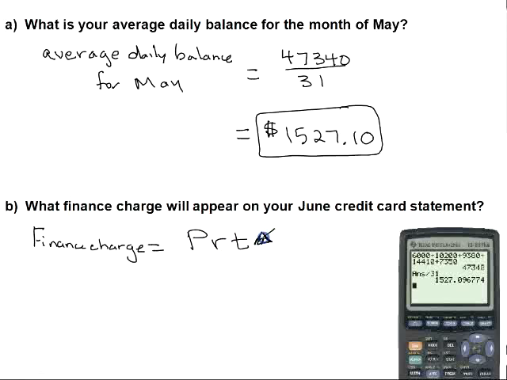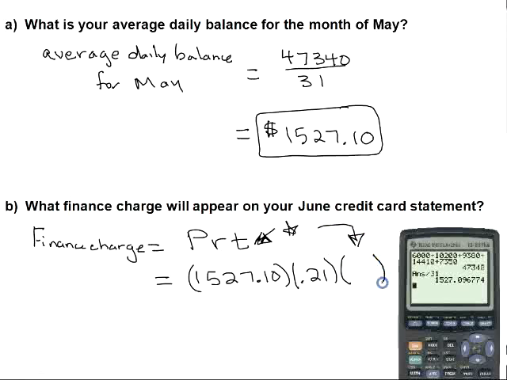I'll have to make a comment about the time here in just a minute. Your principal is your average daily balance for the month of May, $1,527.10, times our annual interest rate, which is 21%, or in decimal form, 0.21, times time.